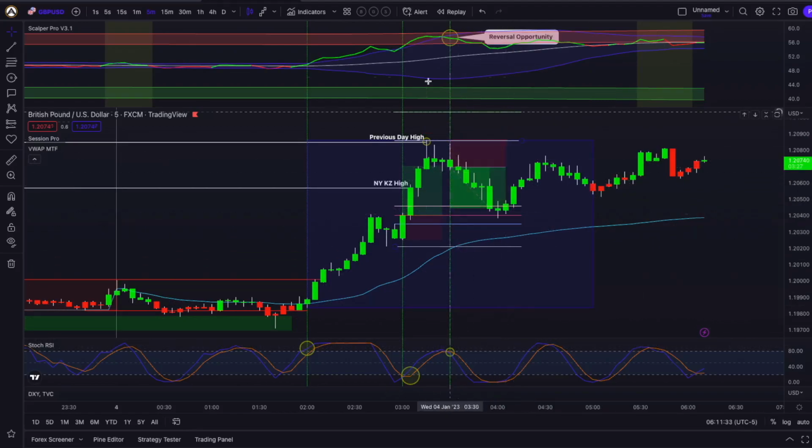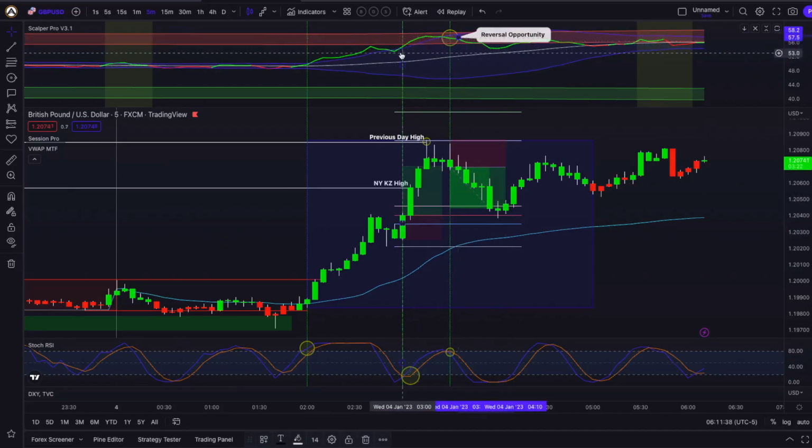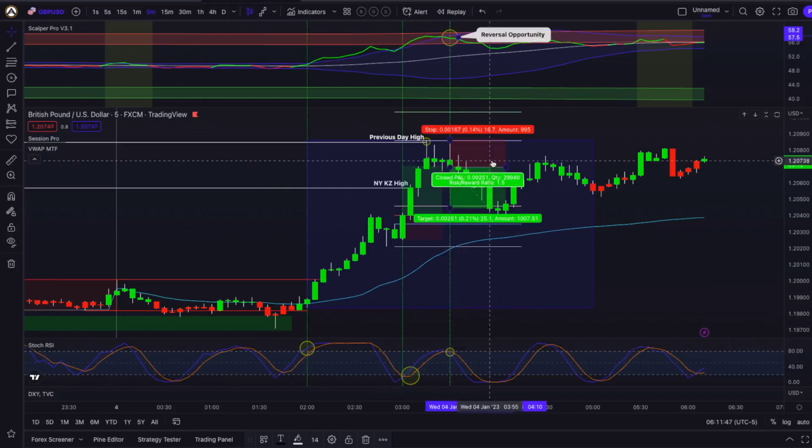So this was a beautiful reversal opportunity spotted by the Scalper Pro, with a re-entry into the scalper bands inside our bearish reversal zone, with a stochastic RSI crossover confluence for a nice little pullback trade.